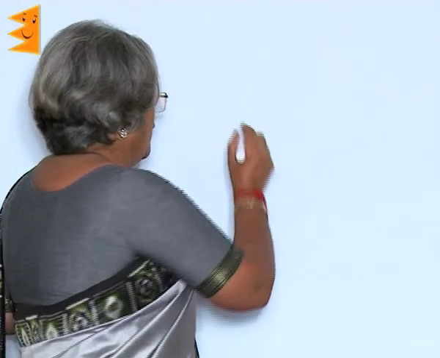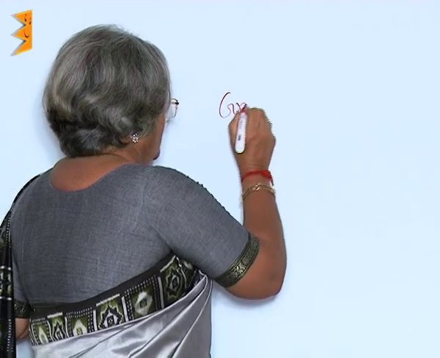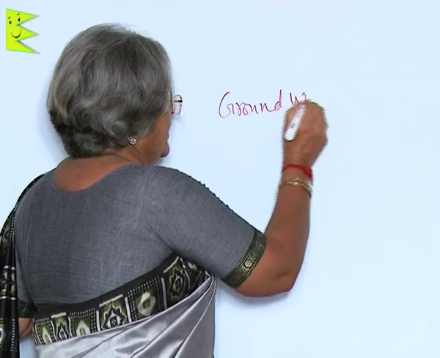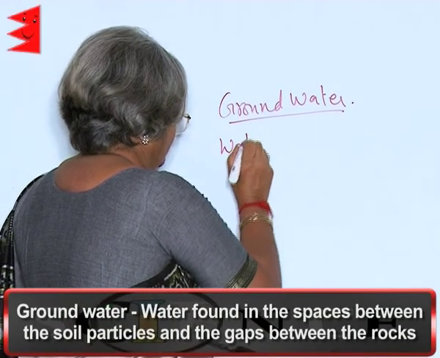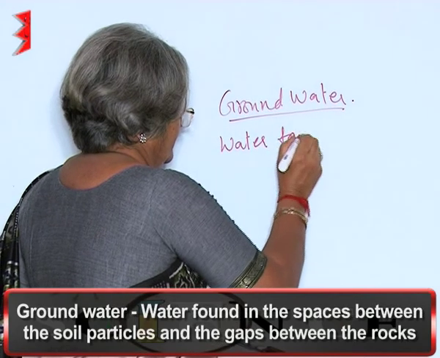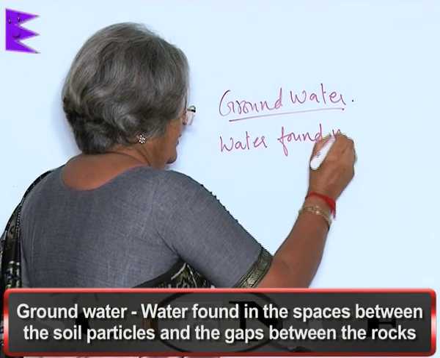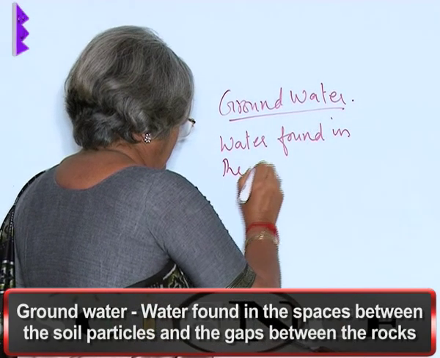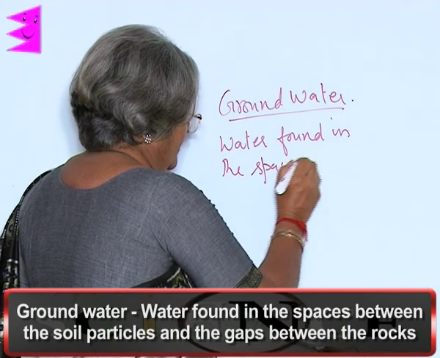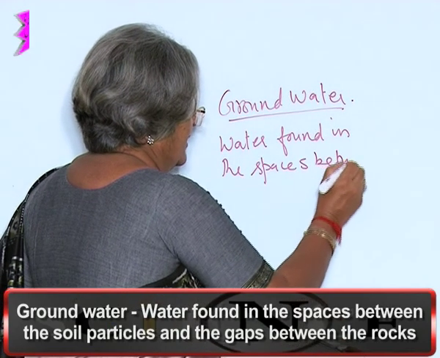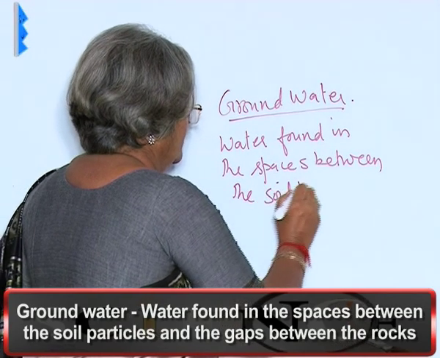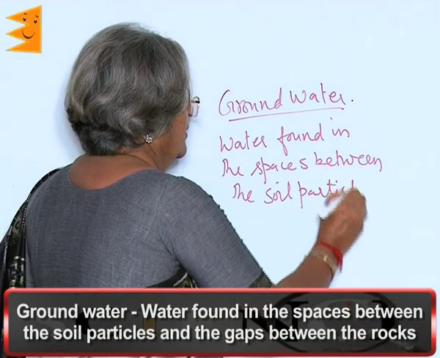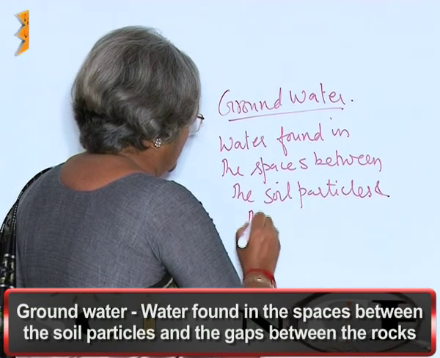Now, what is groundwater? Groundwater is water found in the spaces between the soil particles and the gaps between the rocks.